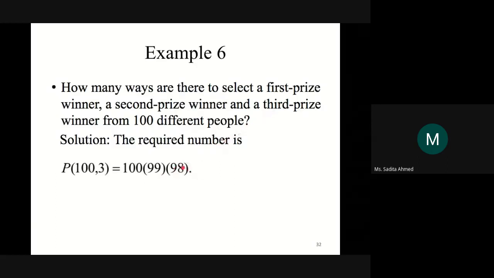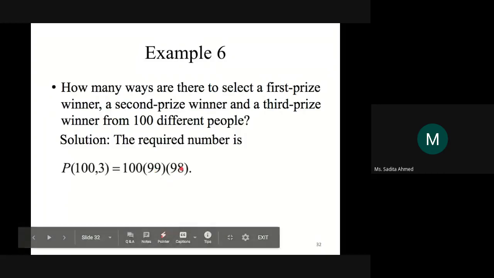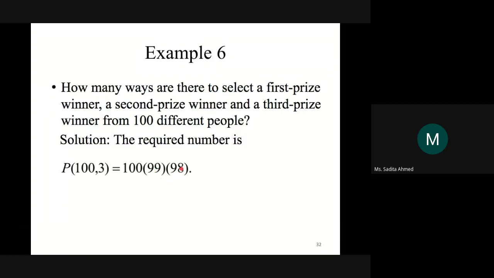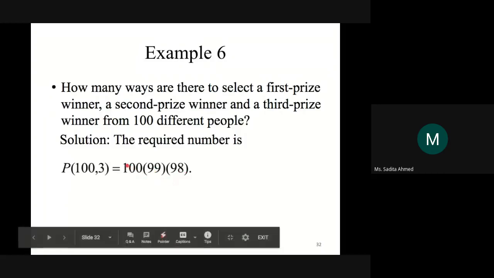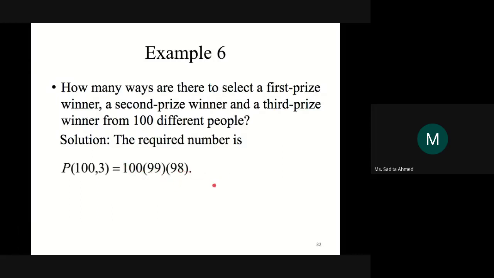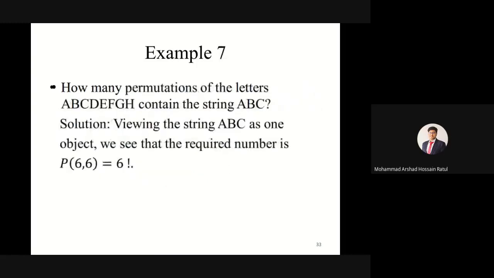And since order matters, for every one of the choices of 100 people, you have 99 choices for the second prize, and for every one of those 99 people, you have 98 options for the third prize. So the product rule is applicable here, 100 multiplied by 99 multiplied by 98. Makes sense, guys? Yes, ma'am. Okay, cool.